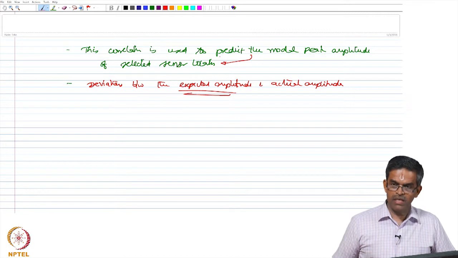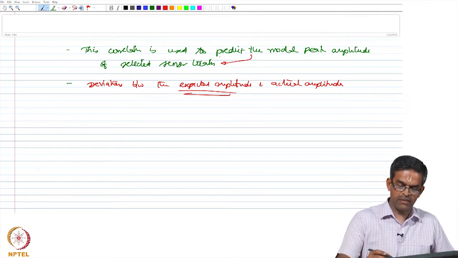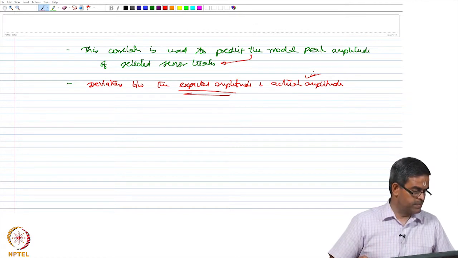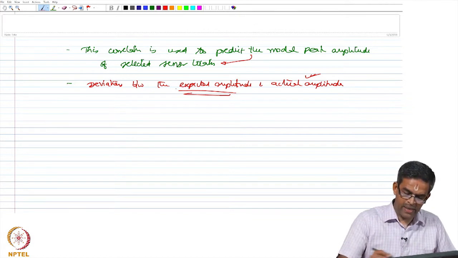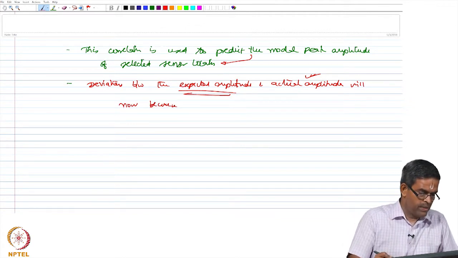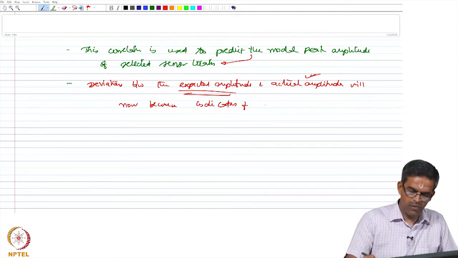So, there will be some deviation between these predicted amplitudes and actual amplitudes measured by the sensors, and they will now become indicators of sensor fault.